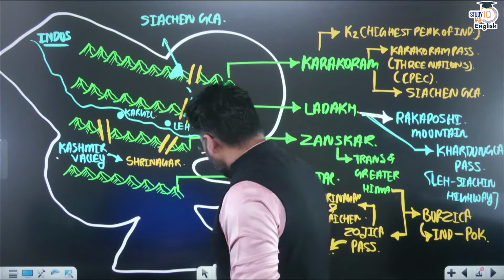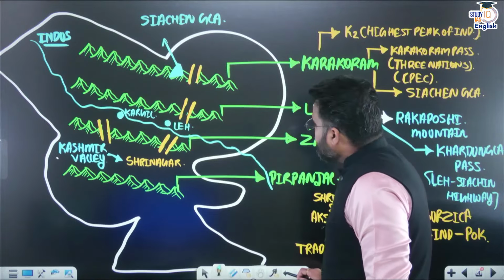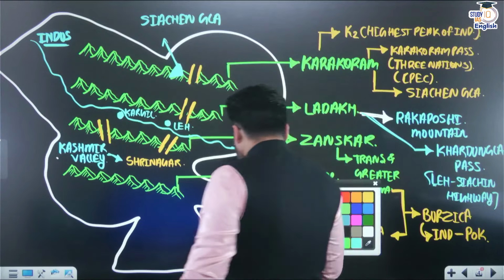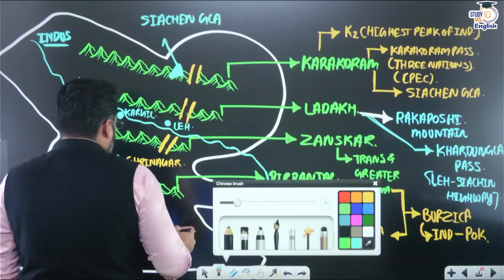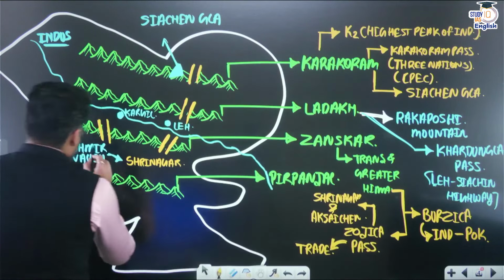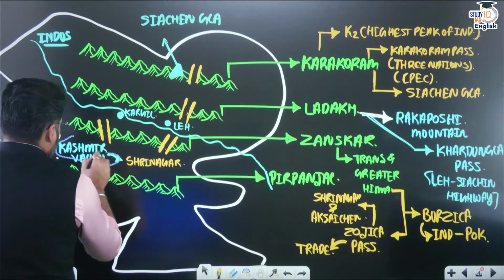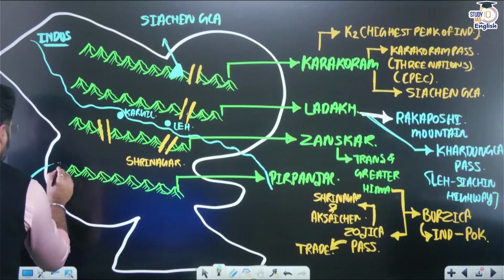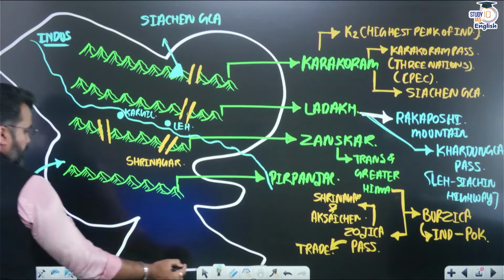Now you can see this is Kashmir Valley, this is Srinagar, and the Srinagar section has a river as well. Let me make that separate so we can make a clean map of it. Just a few seconds. You can mark this section as Kashmir Valley.